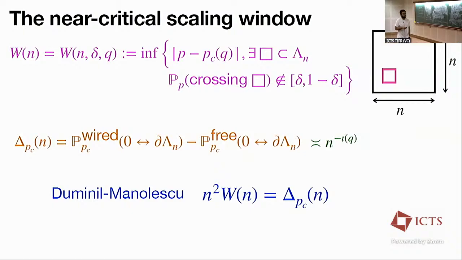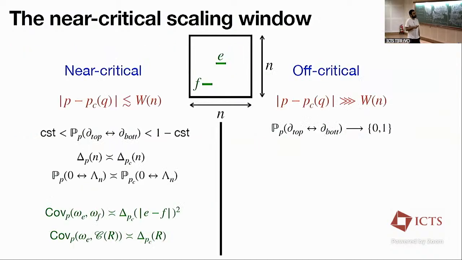It's only proven for percolation on the triangular lattice and for the Ising model. Otherwise, we don't know. So the conceptual message is that if you are at order of magnitude W of n, you should have a non-trivial scaling limit. And if you go bigger, you go off critical: if you deviate more than that, your model looks off-critical.